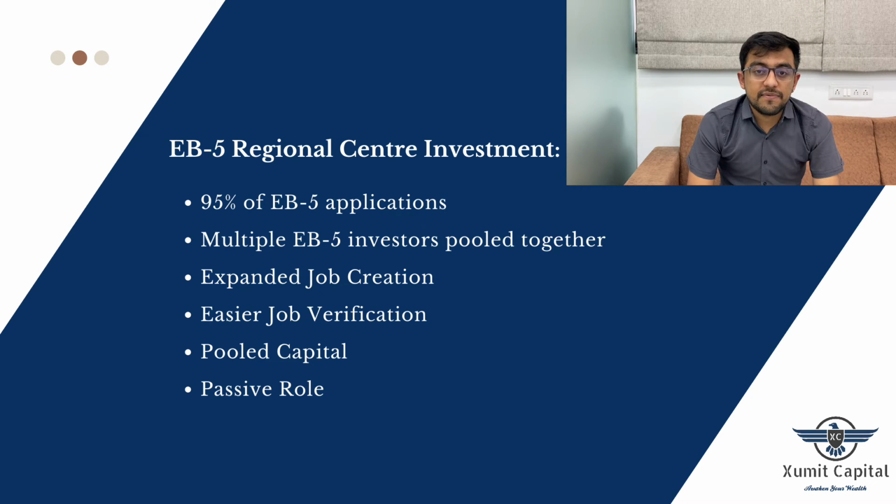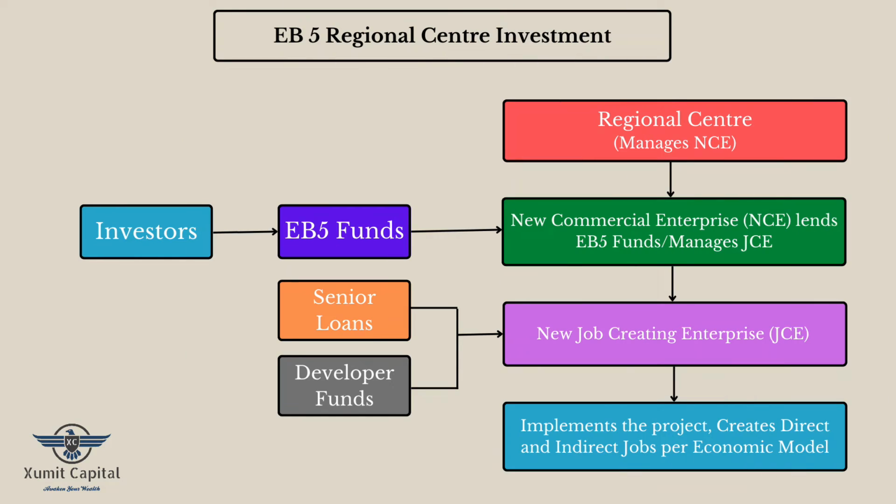And all the EB-5 investors who invest through the regional centers play a passive role in the management of the job creation. So this is a snapshot of how EB-5 regional center investment works. You can pause the video, have a look, and then we can move forward.